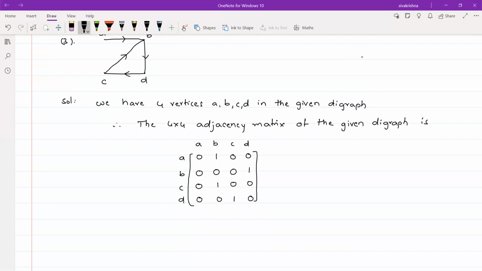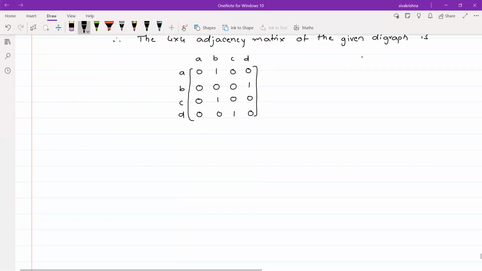Okay, so I am giving you 2 problems. So try these 2 problems as homework. So the first one is, the names of the vertices are A, B, C and D, and the corresponding directions are as shown.